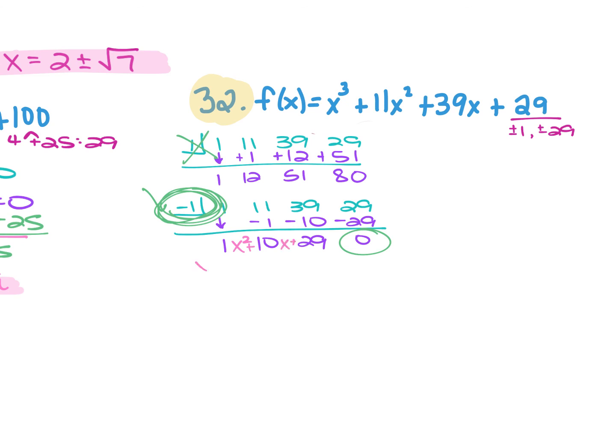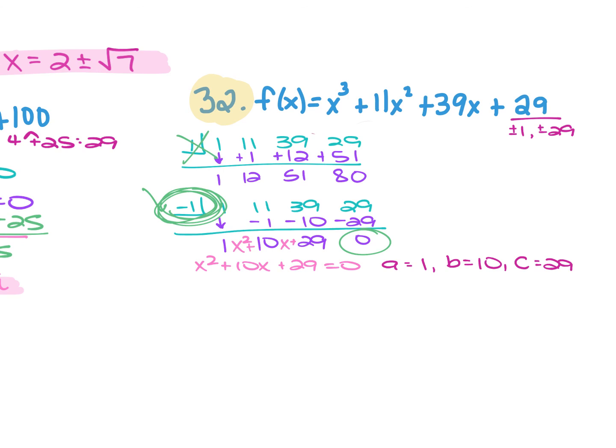So this is going to be x squared plus 10x plus 29 is equal to 0. You have a trinomial left. You can simply use your quadratic formula since you do not have factors of 29 that add up to be 10. Your A is 1, B is 10, and C is 29.